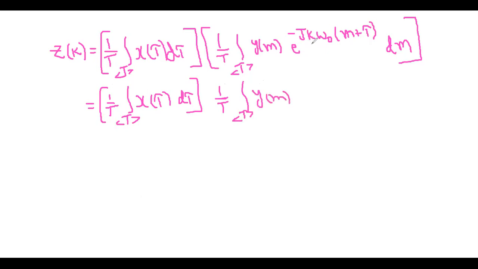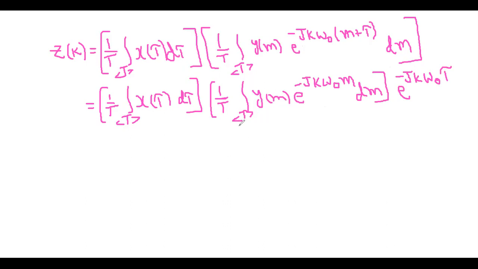I'm separating the two functions here, then the power as a plus is there, e power minus j k omega naught m into dm. I use this as one function, and the remaining factor here is e power minus j k omega naught tau.